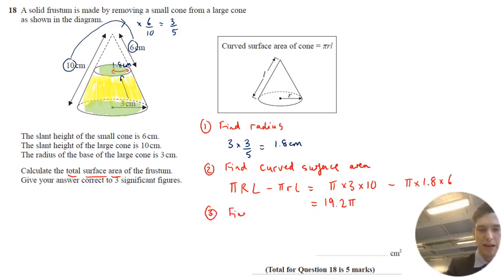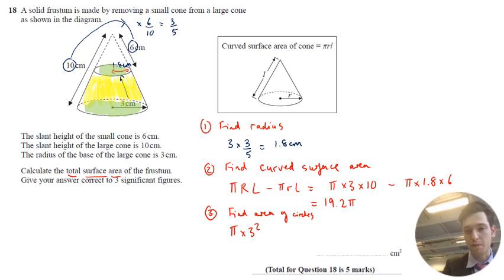is to find the area of the circles. That's actually quite easy because it's just pi times radius squared. So I'm going to do pi times 3 squared. That is the big circle at the bottom. And then the smaller circle, pi times 1.8 squared.